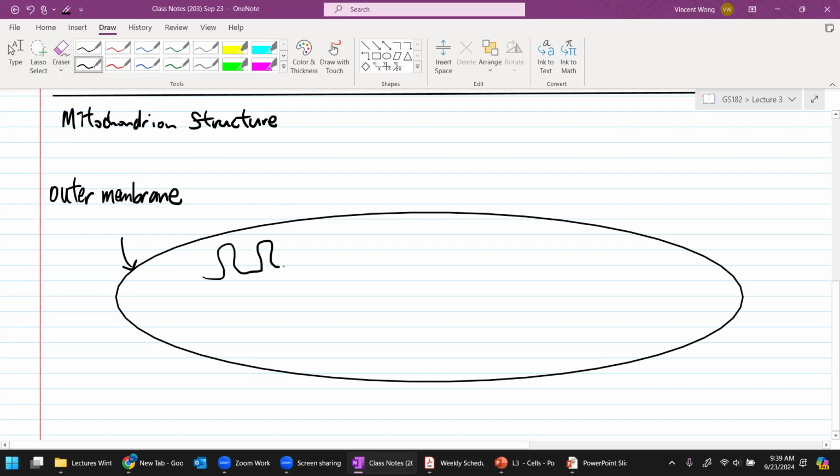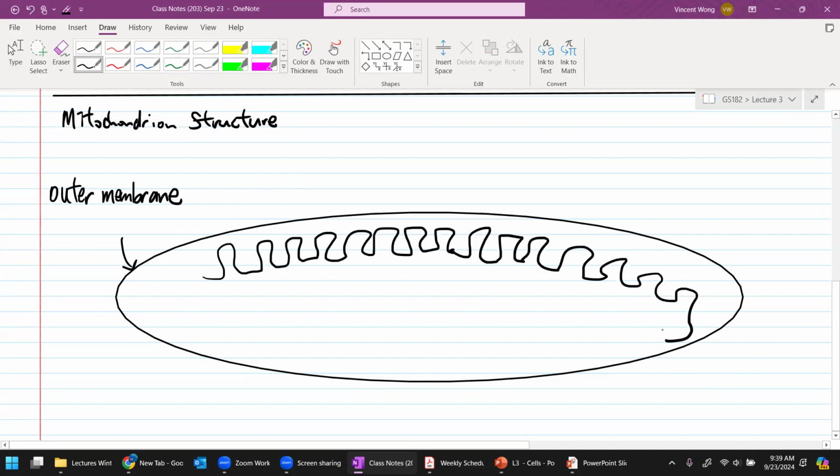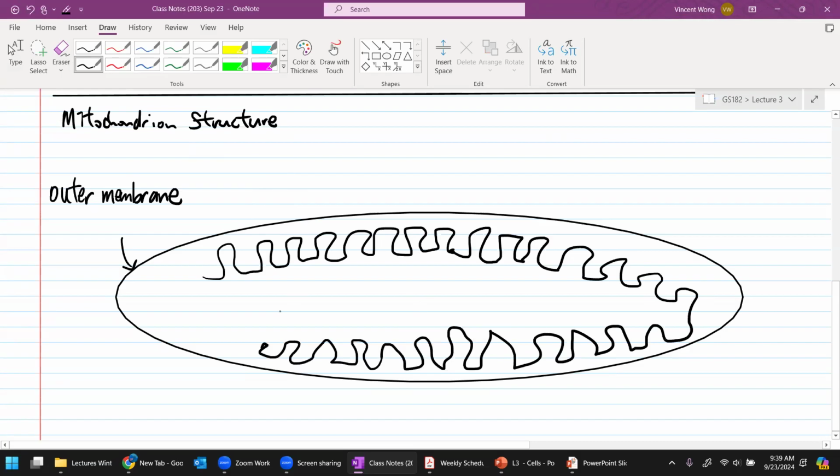It's going to fold up. They're like little stubby fingers, and it all folds up. Okay, so that is the inner membrane.